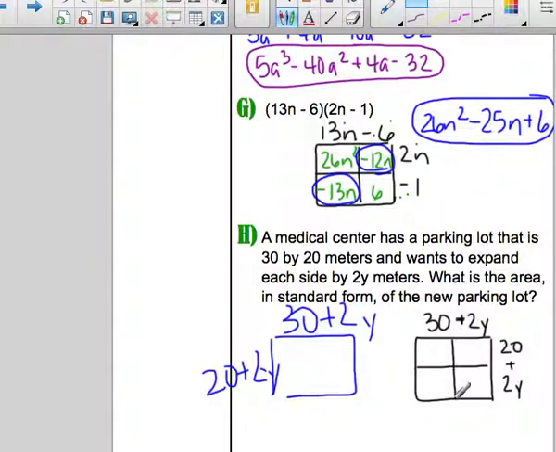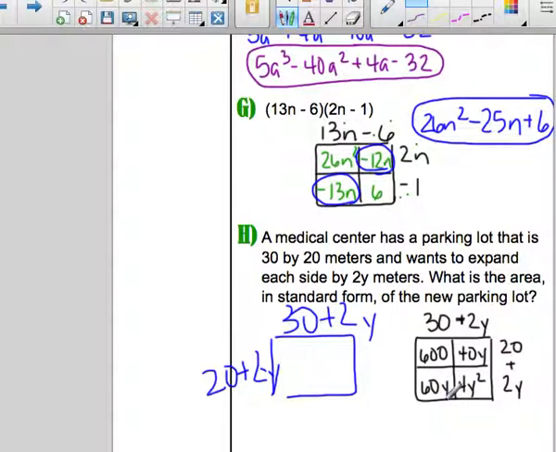And then I can go ahead and multiply 30 times 20. 3 times 2 is 6. And then I have 2 zeros. 2y times 20. 2 times 2 is 4 plus a 0 plus the y on there. 2y times 2y is 4y squared. And 30 times 2 is 60y.